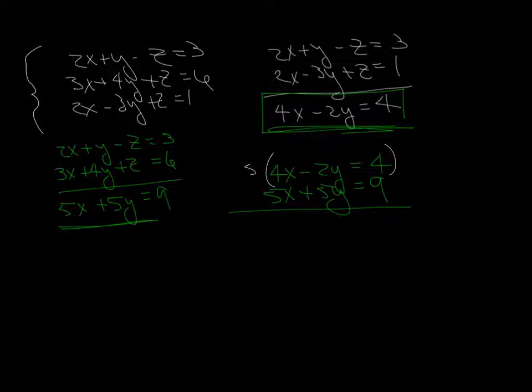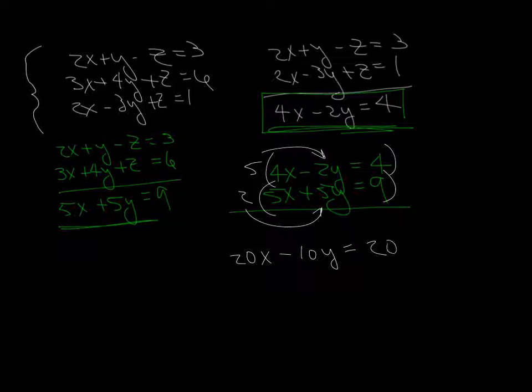So I'm going to multiply this by 5 to make that a 10, and I'm going to multiply this by 2 to make that a 10. Alright, so let's go ahead and distribute that 5. 20x minus 10y equals 20. And the bottom is going to be 10x plus 10y equals 18.